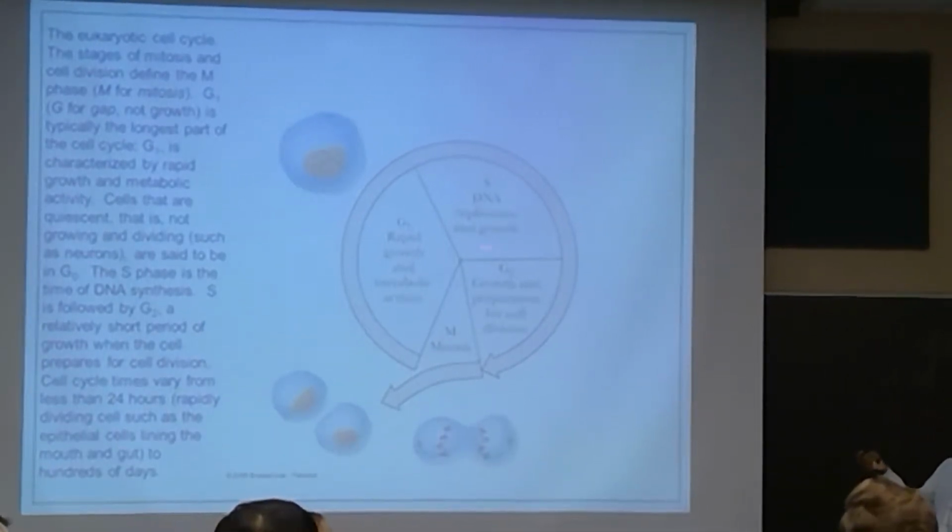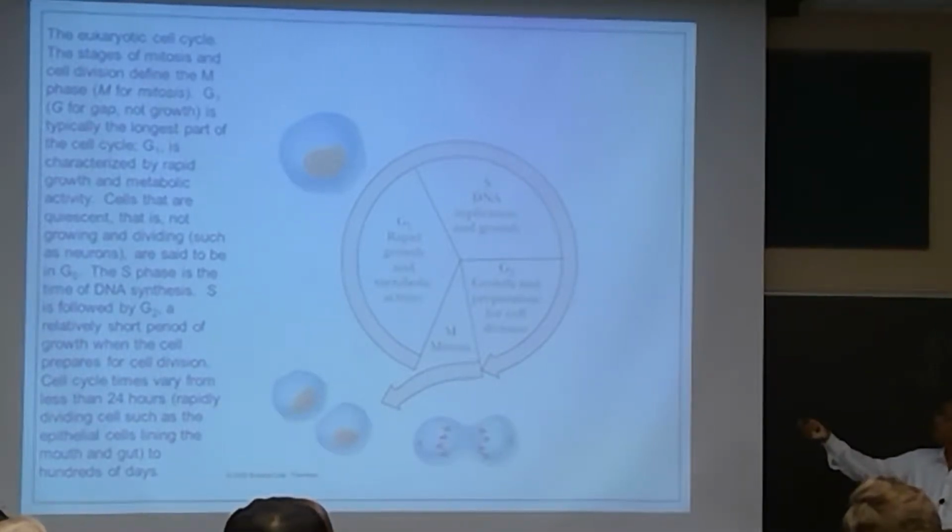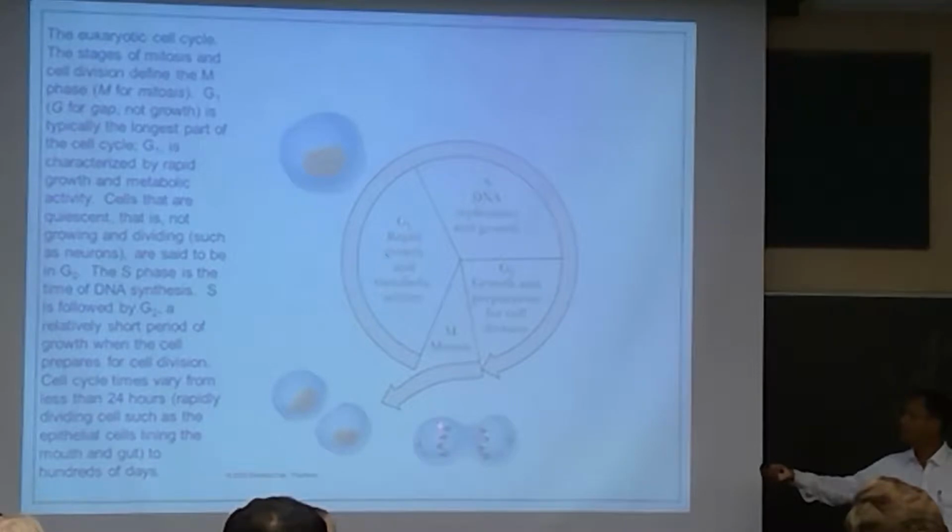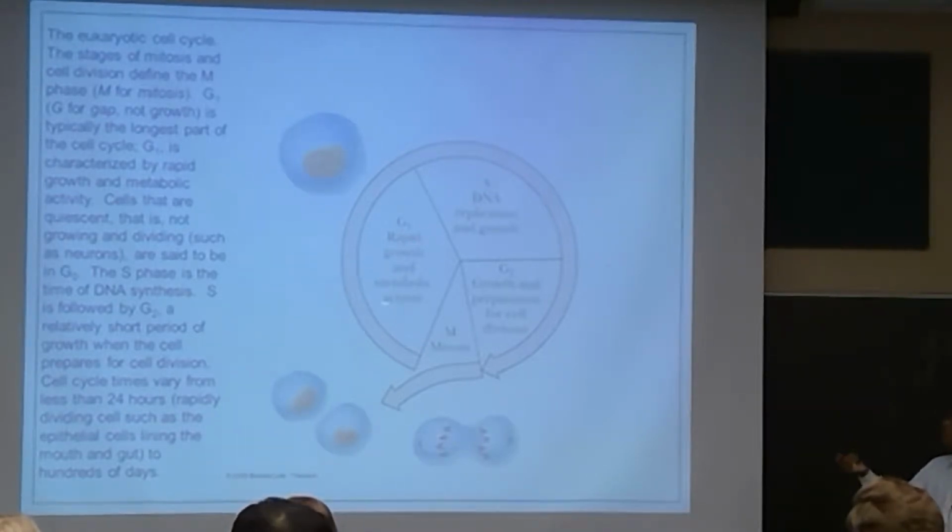And S is the phase of the cell cycle where your DNA replication takes place. That means DNA is duplicated in this S phase of the cell cycle. Then G2 is gap 2, and mitosis is where your duplicated DNA is separated into 2 daughter cells, correct? Segregated.